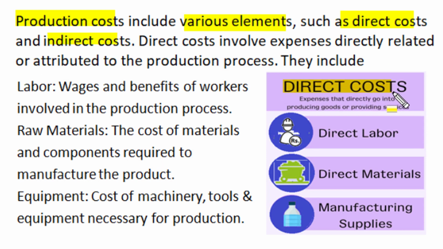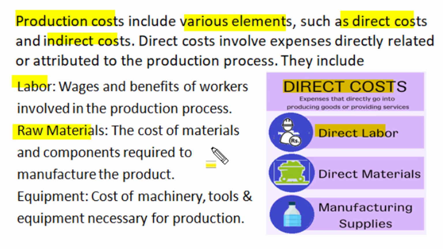The direct cost component are those expenses that are directly related to or attributed to production process or go into producing goods or providing services. They include direct labor, the wages and benefit of worker who are involved in production process is direct labor cost. Another direct cost component is direct material cost.